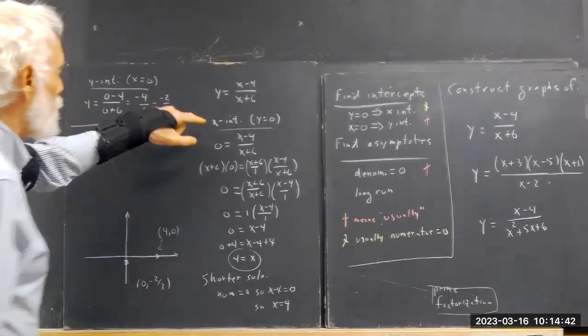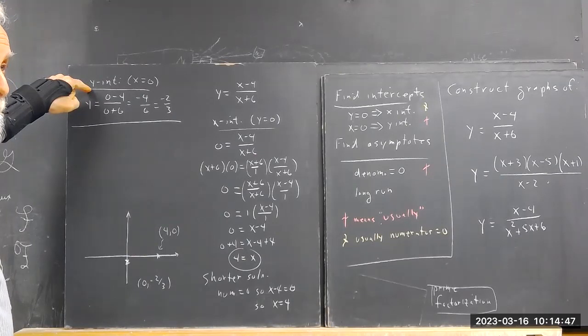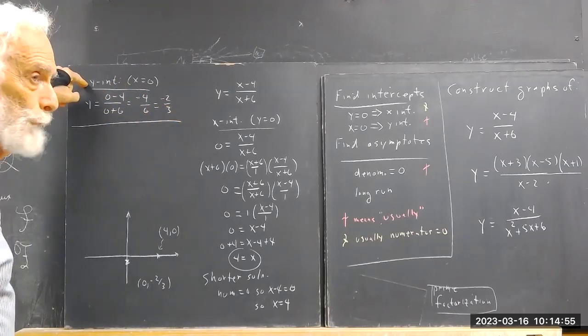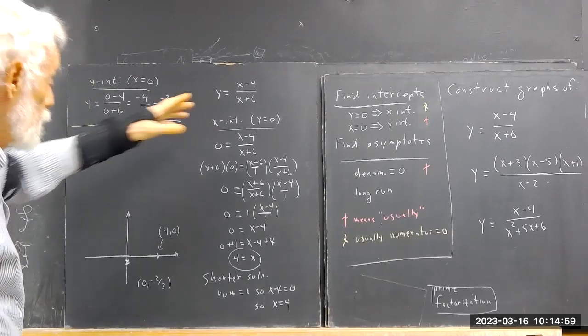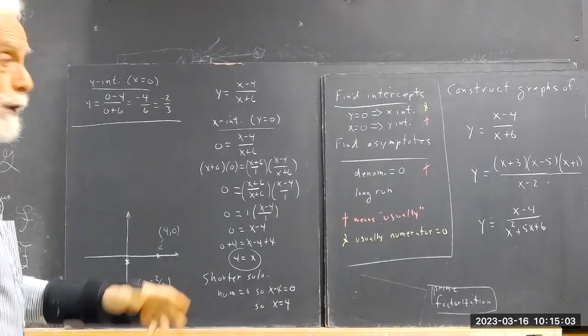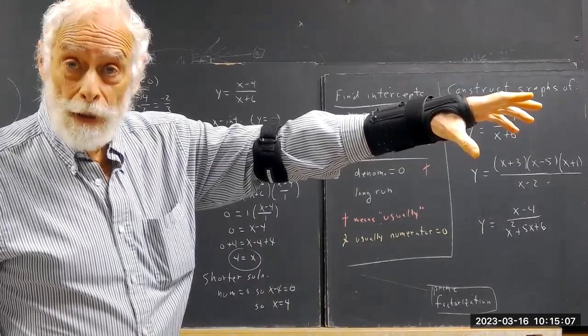Again, write down the heading here. Put a big underline on it. You don't have to use gold, at least not real gold, highlight it, okay? It would be expensive, but make sure you write down what you're doing, so you can look back and say, okay, I found the x-intercept, I found the y-intercept. You don't have to remember that those calculations you did over there give you the x-intercept.